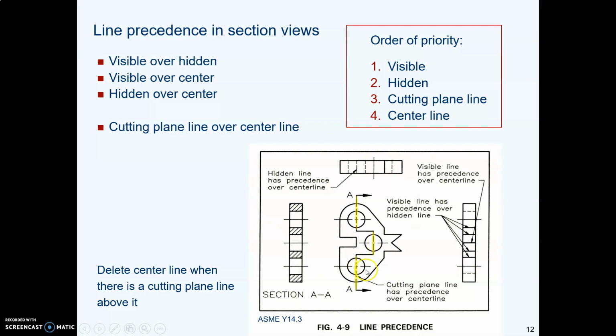The reason is, if you leave the center line in there, its dashes and spaces will probably not line up with the cutting plane line's dashes and spaces, and you'll have what appears to be almost a continuous line with thick cutting plane stuff and thin center line stuff, and it's confusing. So ASME says, delete the center line out of there if you've got a cutting plane line.